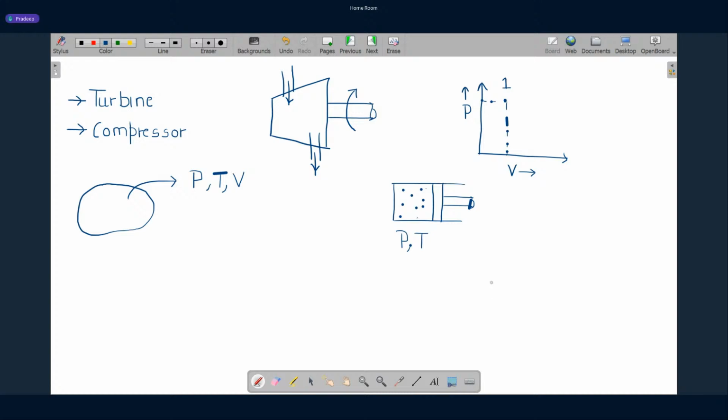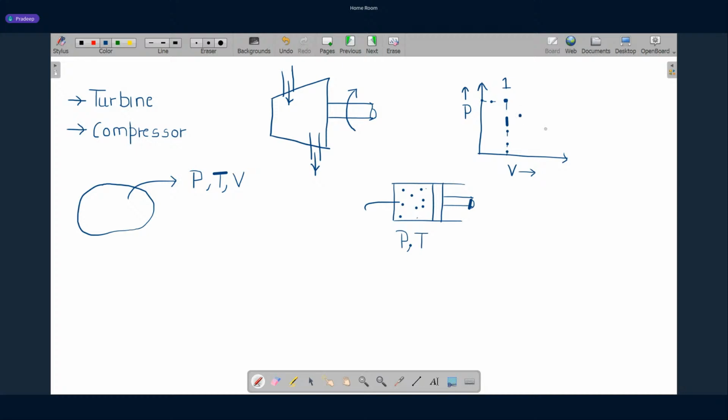Now let us say we start heating the gas, transferring energy to it, and the gas expands and tends to move. As the gas is expanding and the piston moves outward, the volume of the gas keeps changing. At other locations we can again measure the pressure and the volume of the gas.